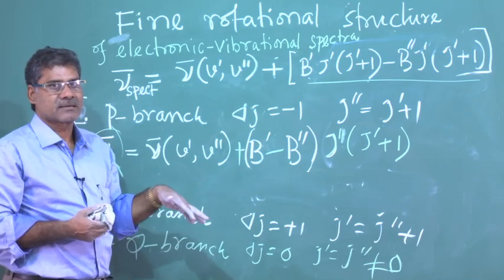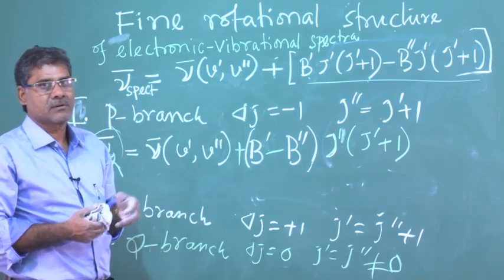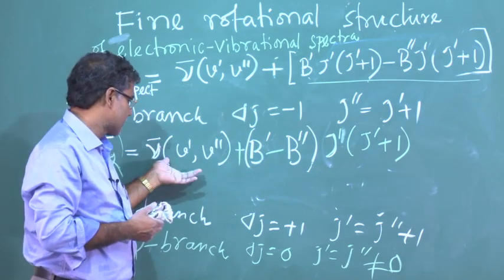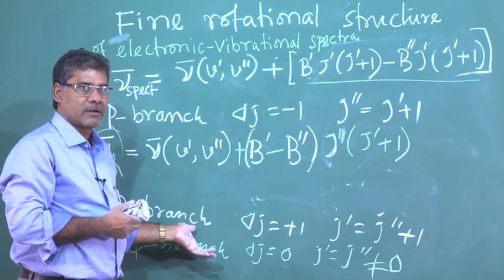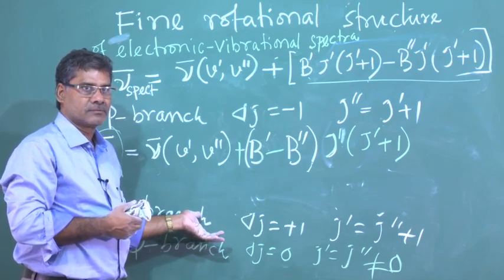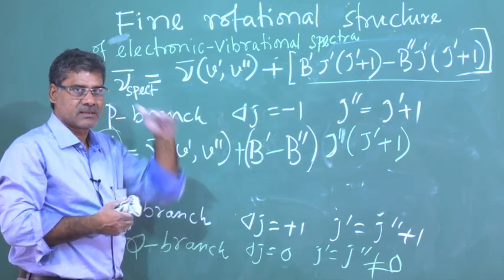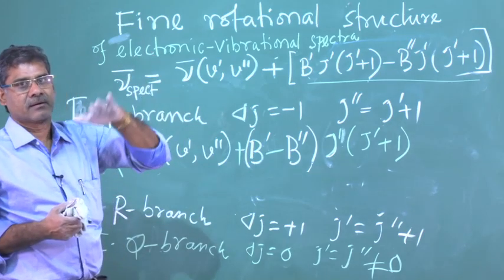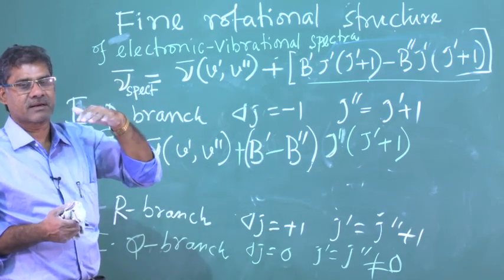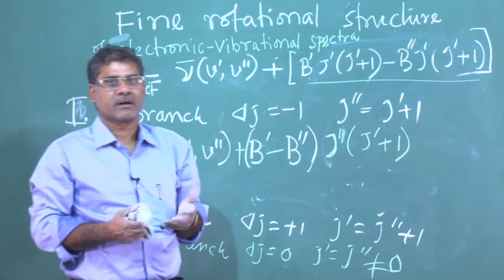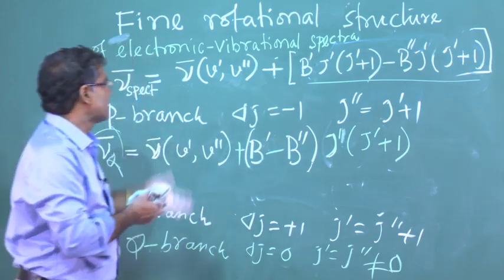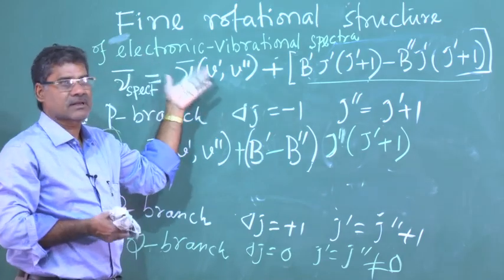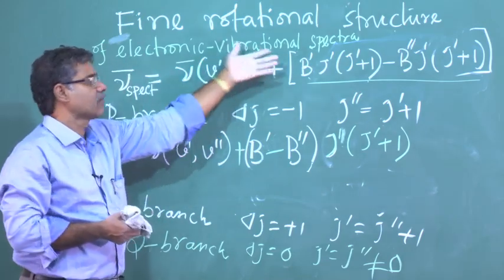But in this case, depending on the molecules, you can get the Q branch also, and for that, the states involved in the transition should have electronic angular momentum.